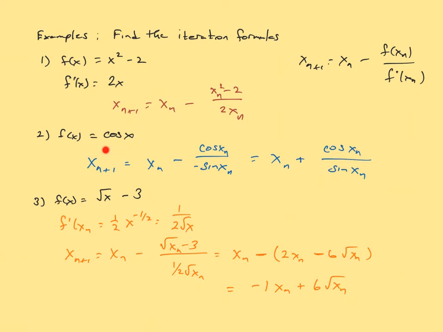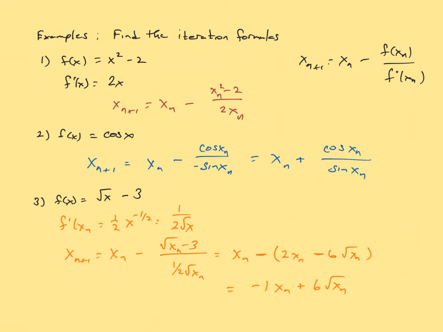The derivative of cosine is negative sine of x. So x sub n plus 1 is going to be x sub n minus cosine of x sub n over negative sine of x sub n. When you simplify it, you get this. And if you wanted to, you could say that's x sub n plus the cotangent of x sub n. That would be fine too.